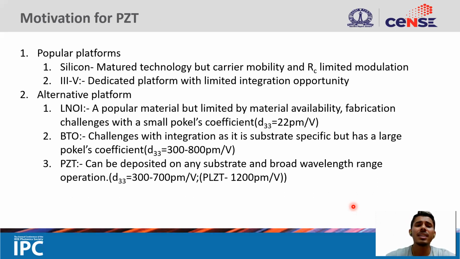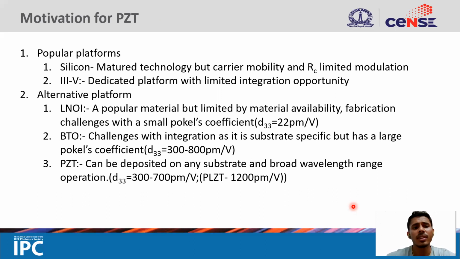But PZT takes the upper hand solely because it is a very popular material already being used in MEMS technology, which can further be extrapolated into the optics domain. Hence, it can be deposited on any substrate, and its broad wavelength range of operation gives a very easy way to fabricate electro-optic devices on PZT, which can easily be integrated onto silicon.